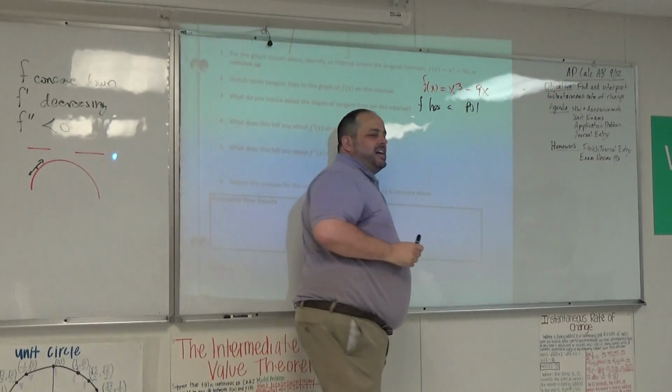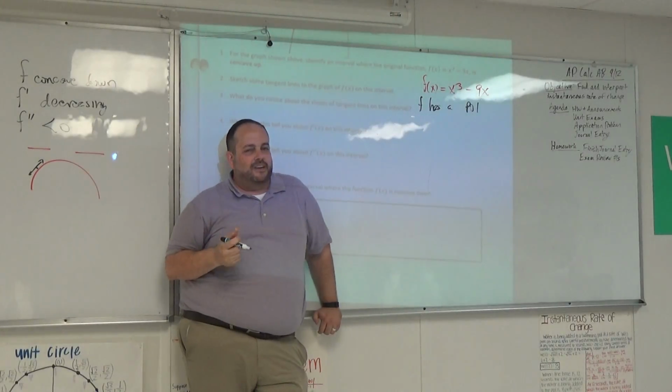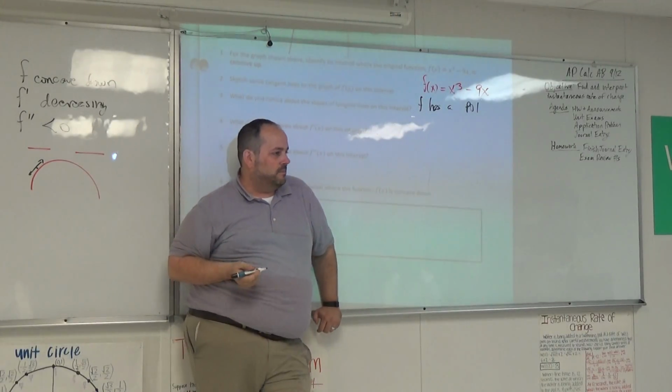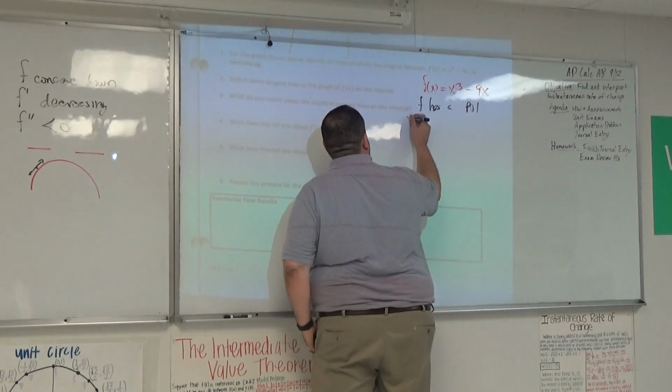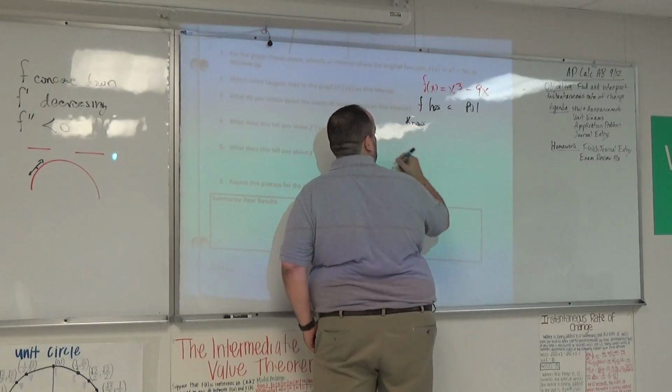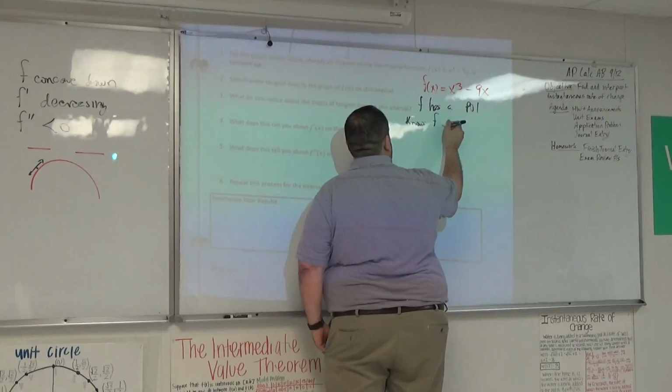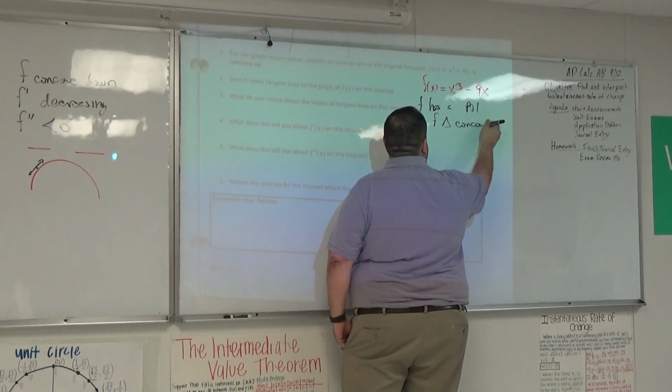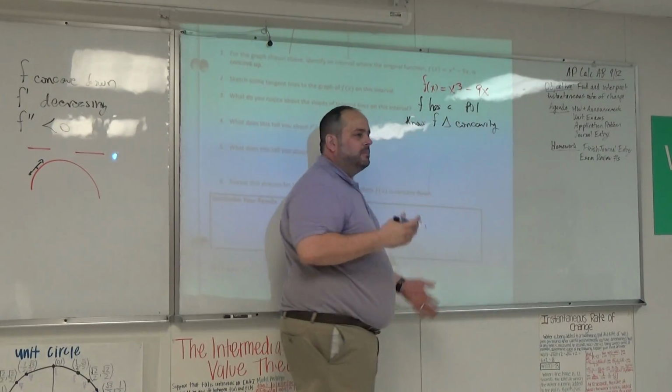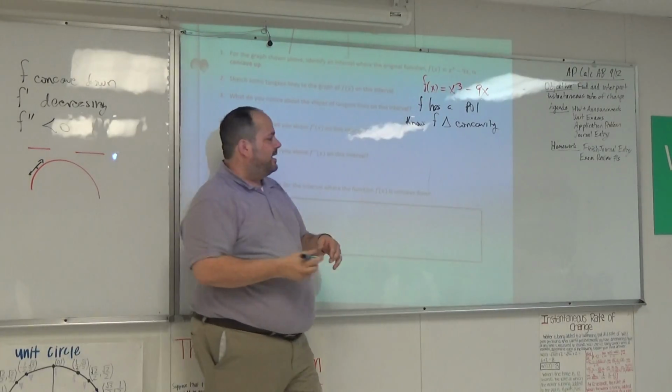Alright. If f has a point of inflection, here are the things that you know. What's one thing that we know? F of x is changing its concavity from concave up to concave down or down to up.